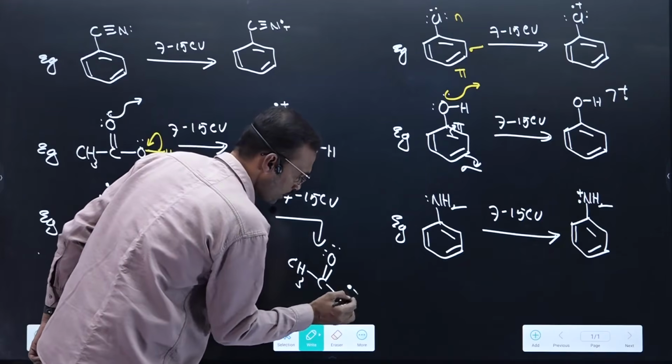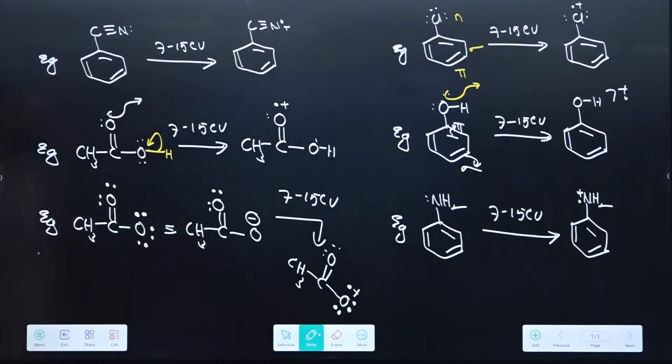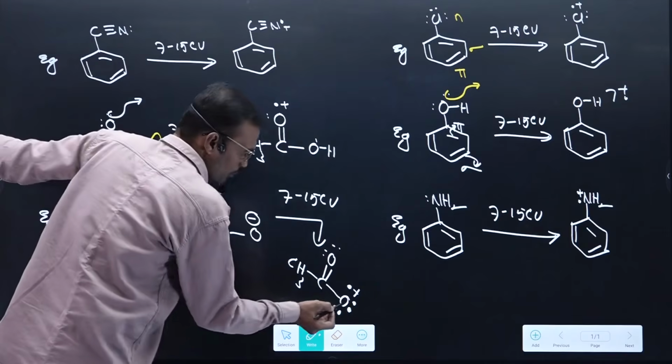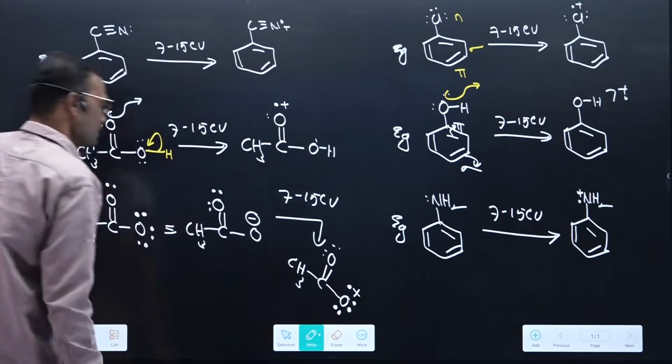Sometimes the positive charge will disappear to attain stability, right? So out of 3 lone pairs, 1 electron is removed. So you can write the radical cation like this.